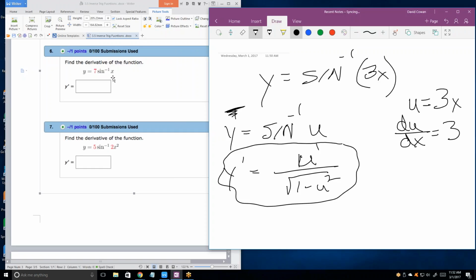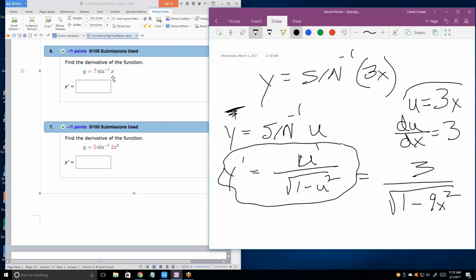So what's the answer for this one? I get 3 over the root of 1 minus u squared. But what is u squared? We need to give our answer. Oh, it's 9x squared, okay. Exactly.